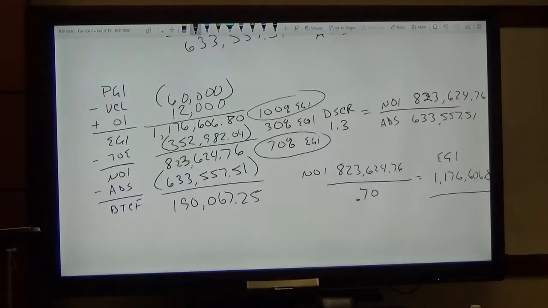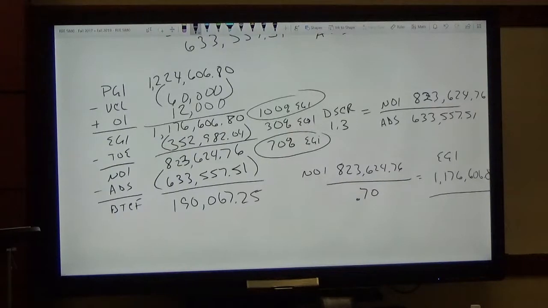So we take the 1,176,606.80, add in 60, and then minus 12, and that should get us to 1,224,606.80. Let's just double check. Minus 60, plus 12. Yep.